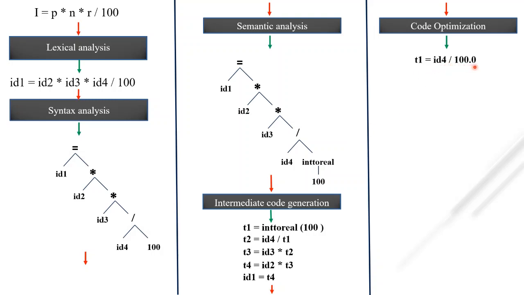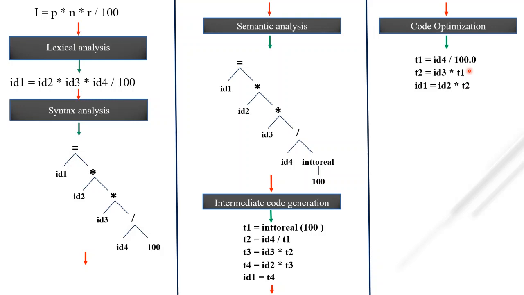Instead of converting integer to real 100, we are directly writing 100.0. Then ID3 is multiplied by T1 and the result is stored into T2. And at last, ID2 is multiplied by T2 and the result is assigned to ID1.